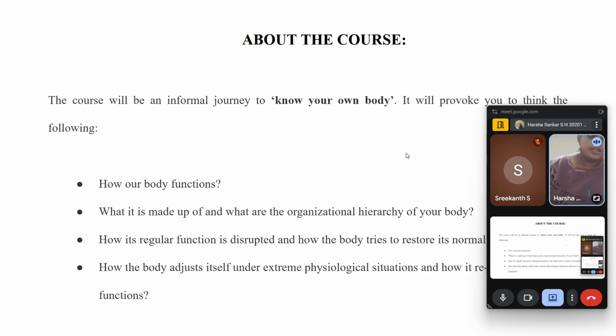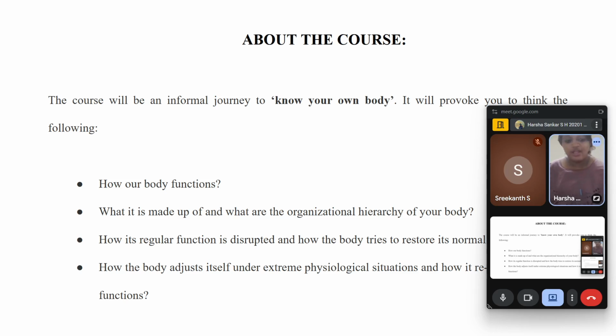Yeah, so if you remember, we started this class with knowing that we should know about our own body, right? So now I hope at least you know about different organ systems of your body. It will provoke you to think about the following. How does our body function?